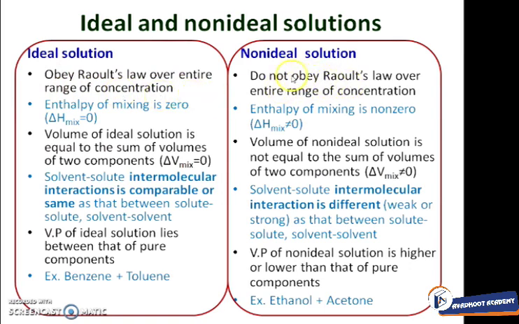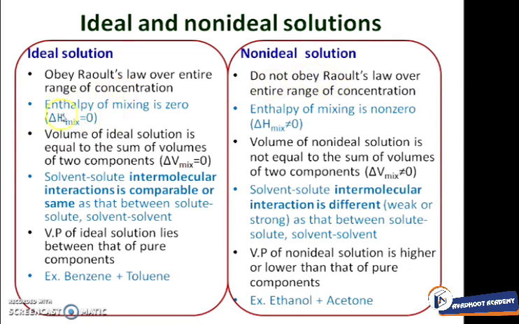On the other hand, a non-ideal solution is a solution which does not obey Raoult's law over the entire range of concentration. Especially, a non-ideal solution obeys Raoult's law when the solution is very dilute.